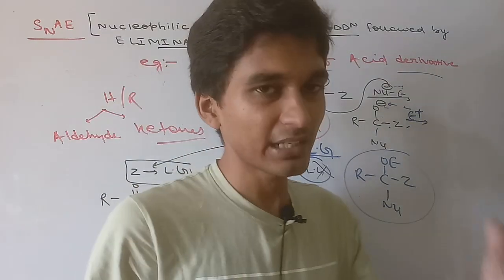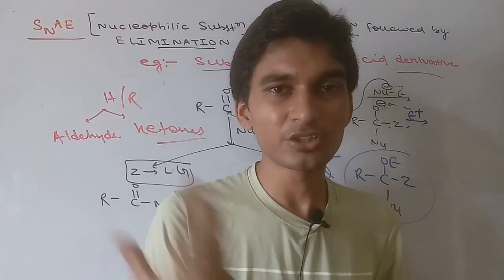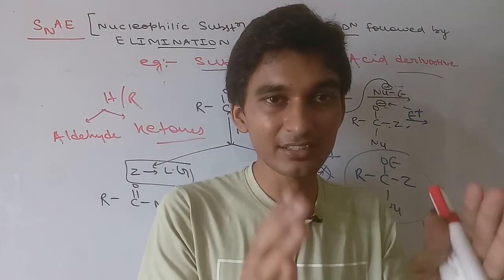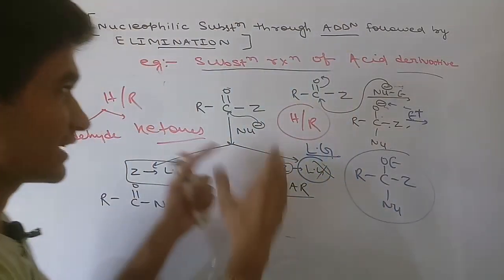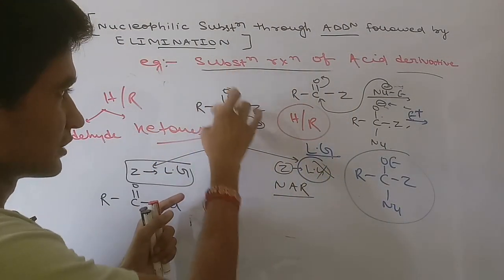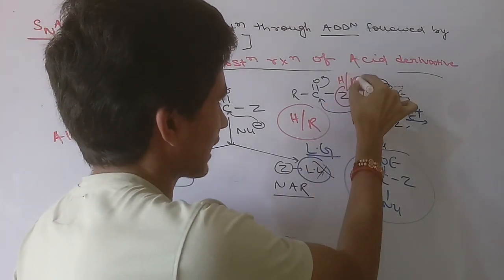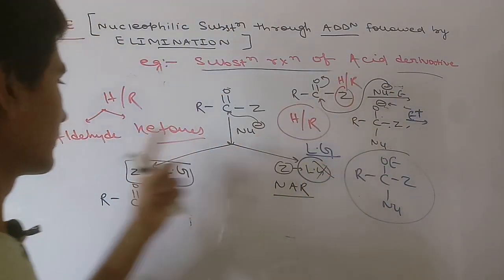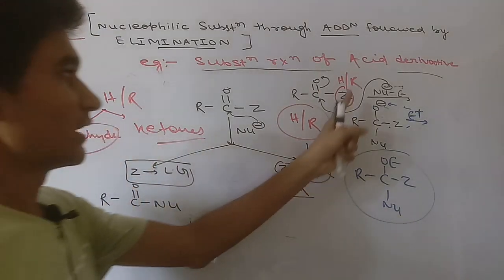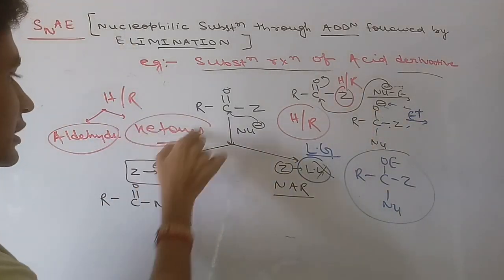Aldehydes and ketones are the main focus because you have to differentiate this group C double bond O. If Z is hydrogen, then that will be an aldehyde, and if Z is R, then that will be your ketones.